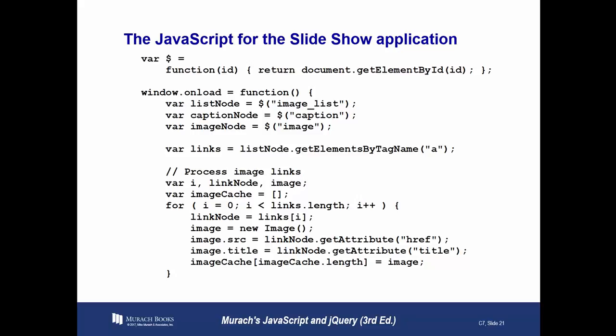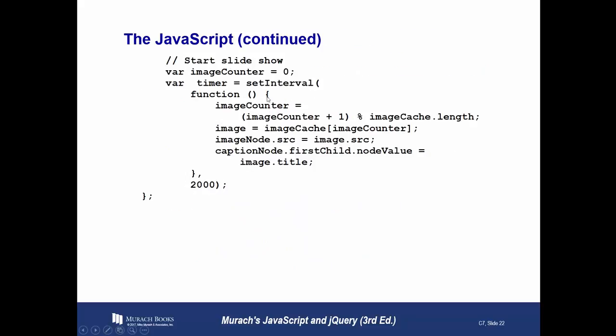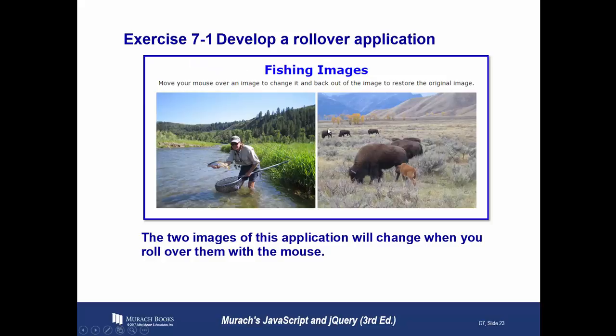Then the getElementsByTagName is used to create an array of links. At this point, the onload event handler starts the slideshow. So what ends up happening here is we create an interval timer with a function that's embedded in the first parameter and 2000 in here. There it is. And that 2000 means do it every 2 seconds. Okay? That pretty much is it for the chapter.